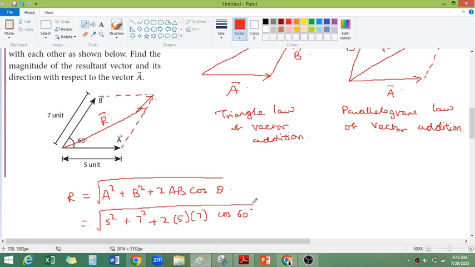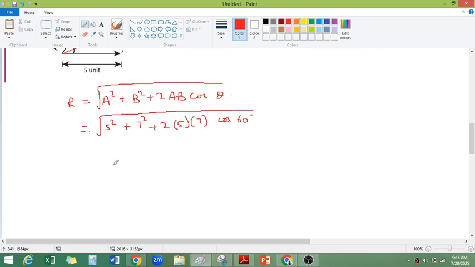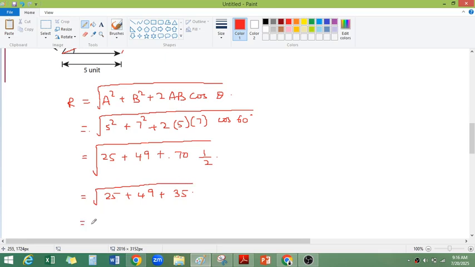Simplify this, you should get the answer. 2 into 5 into 7 is 70, and cos 60 is 1 by 2, so that is 35. The answer is root of 109, I think, so 10 point something.